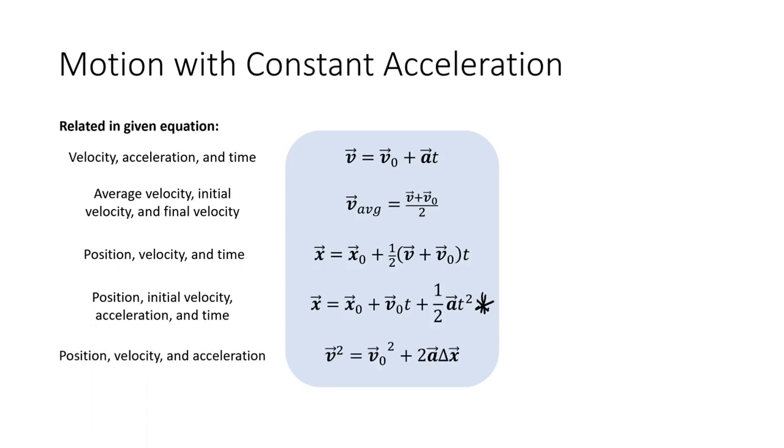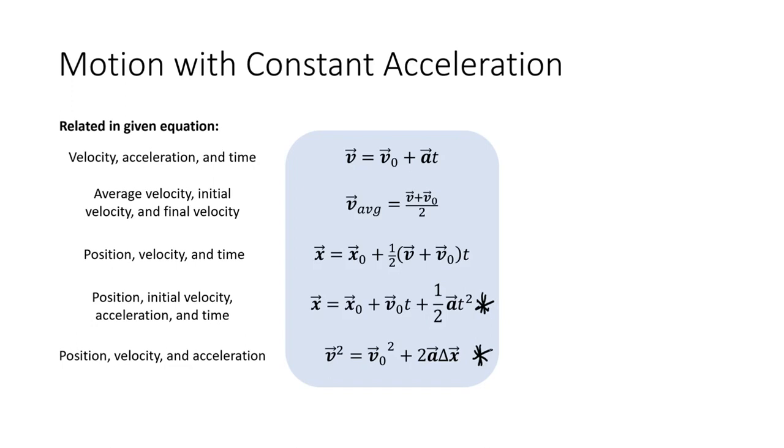All right, last one here, position, velocity, and acceleration are all related through the equation v squared, final velocity squared, equals initial velocity squared plus 2a times displacement. Okay, and this one is also really very useful because you'll notice that it has no mention of the final time, right? So it has no mention of t.